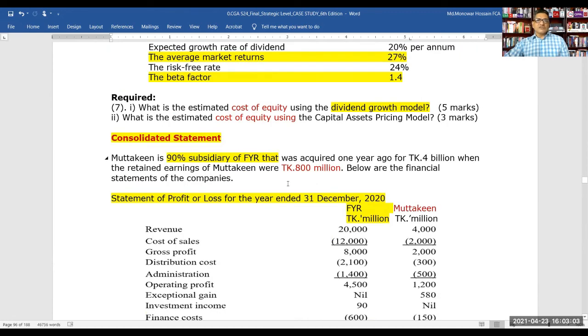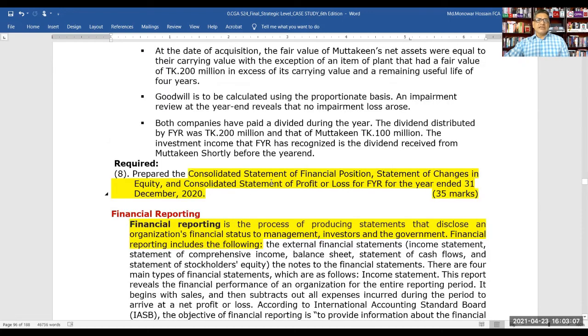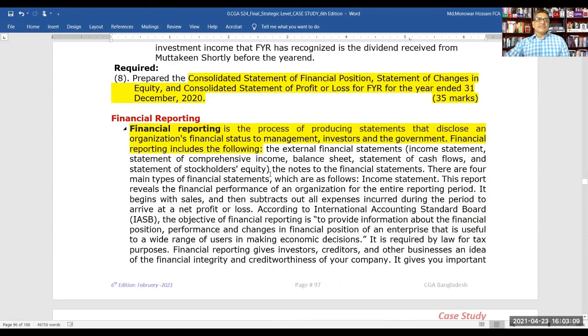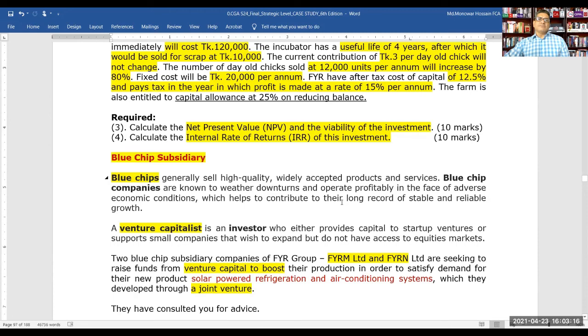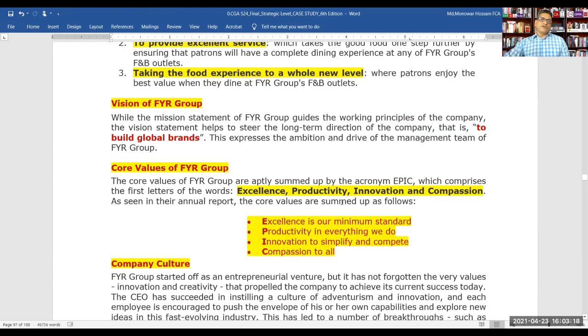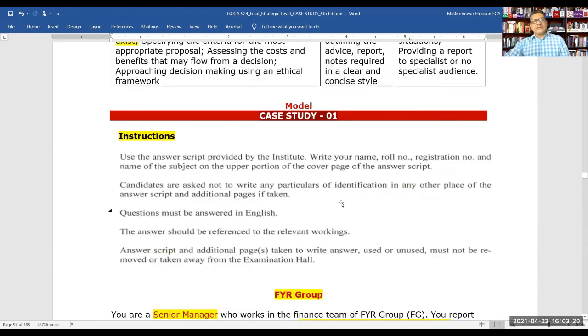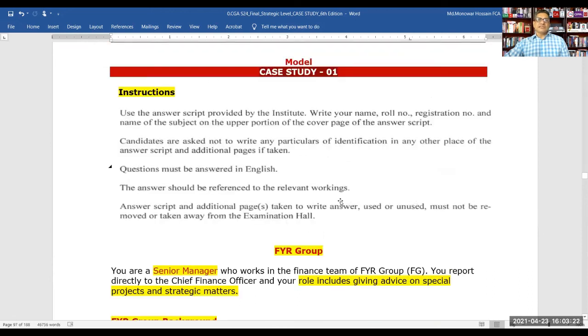Also consolidation here, consolidated financial statement, 3 items here. And also we have seen here financial reporting. So I think that type of case study, more or less big or small, 5 pages or 10 pages, 9 pages or 12 pages, it may happen. It's no problem.